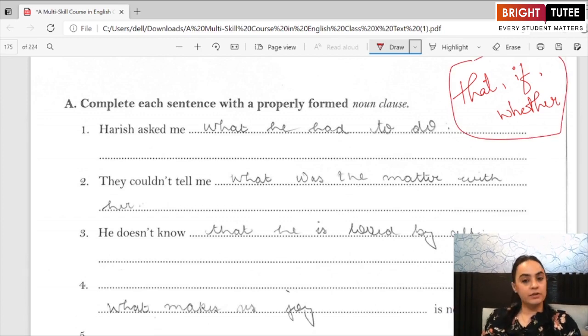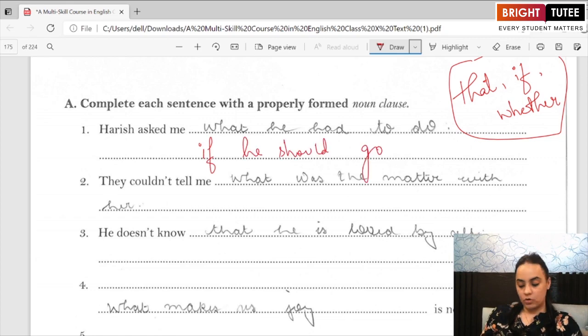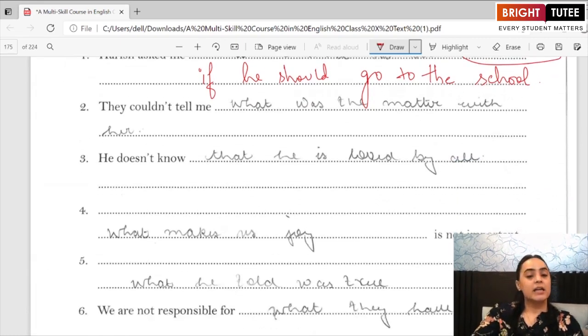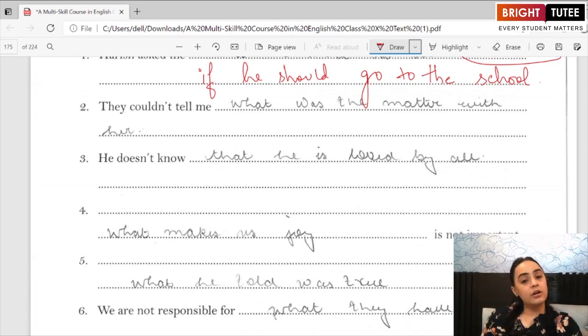You can even reframe your sentence: Harish asked me if he should go to the school. So you have the alternatives on your screen. First beginning with a relative pronoun and the second beginning with a conjunction. The second sentence, they could not tell me what was the matter with her.